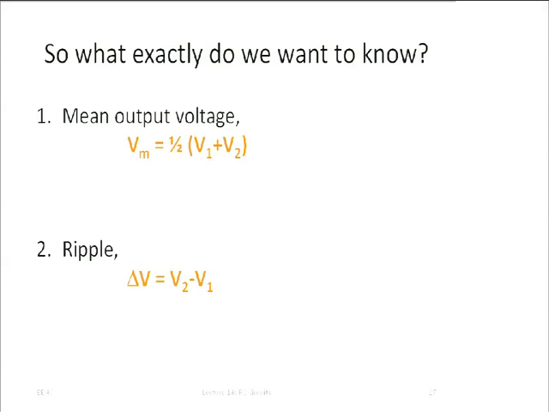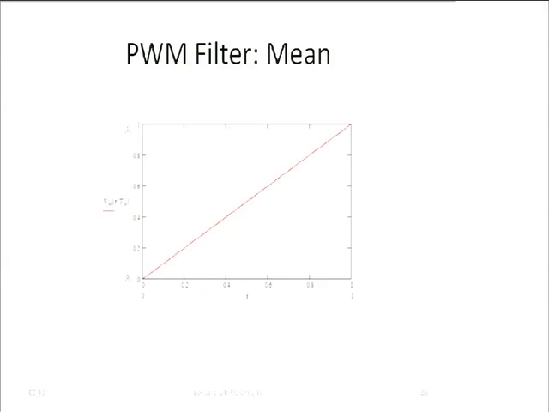And then we can plot as a function of the ratio of T1 over T1 plus T2, we can draw what is the mean voltage. V mean is equal to V1 plus V2 over 2.